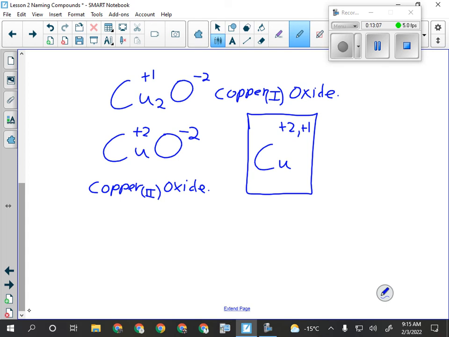We're only going to need to know up to about 5. Here's how the Roman numerals work. 1, 2, 3.